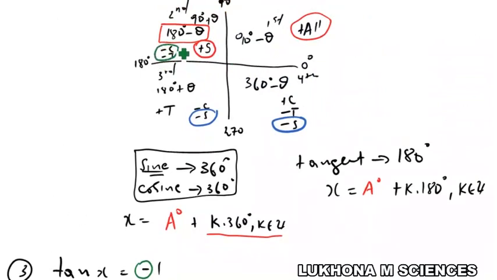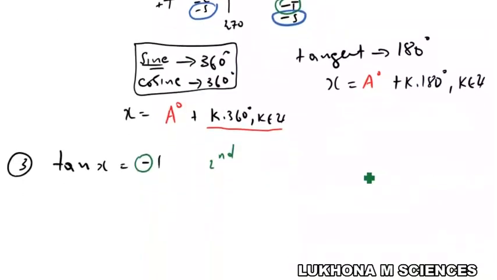Tan is negative on the second quadrant, that is 180 minus theta, and tan is also negative on the fourth quadrant, which is 360 degrees minus theta. So that is the fourth and the second quadrant.